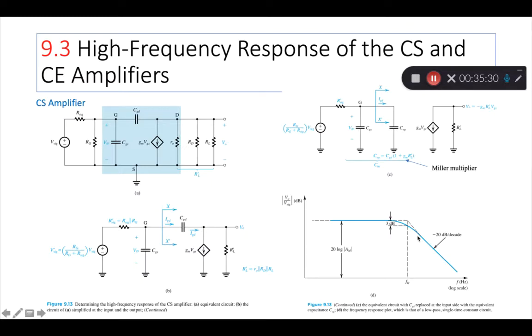Now remember, GM is the inverse of resistance. So if you take the inverse of resistance and multiply by a resistance, you just get a number. So this 1 plus that number, all it does is it takes the CGD value and multiplies it by some number, say 10 or 20 or 100 or something. Hence it's called the Miller multiplier.